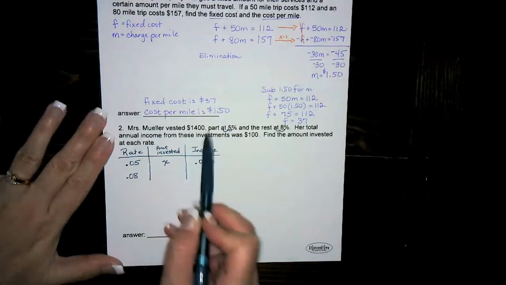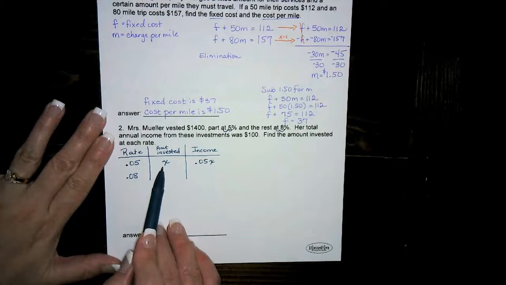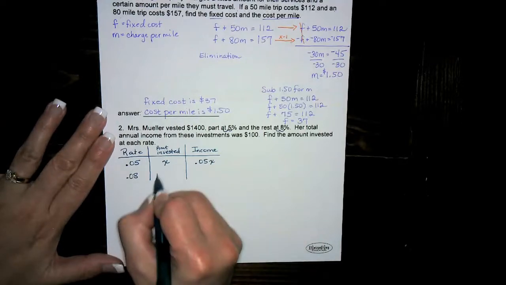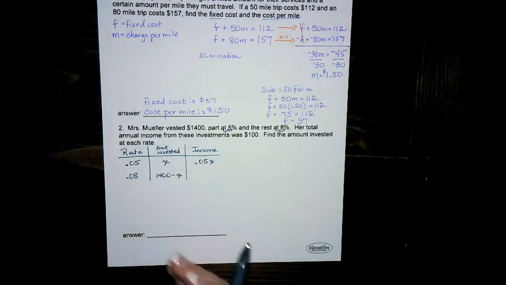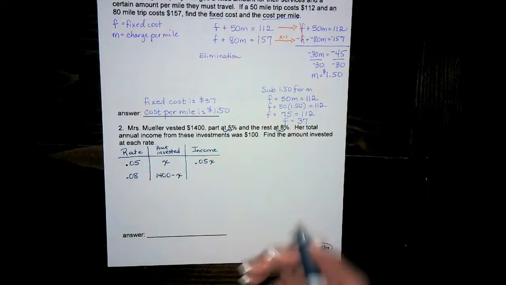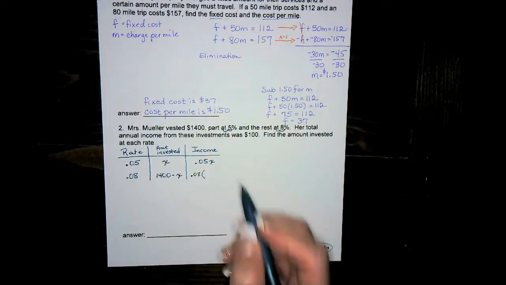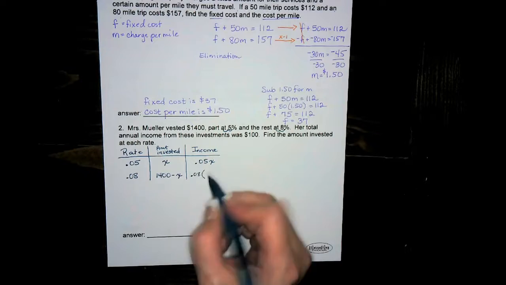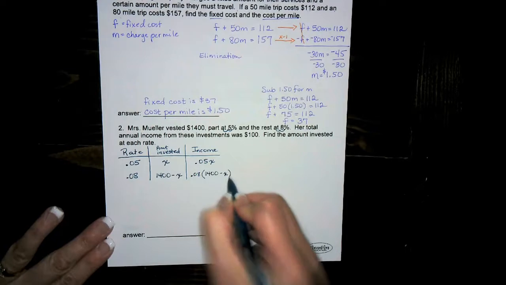If she invested $1,400 total and X of it was invested at 5%, then the second investment has to be 1,400 minus X, whatever is left over. Now let's multiply those. Notice that when I multiply the 0.08 times the 1,400 minus X, I've got to use parentheses.